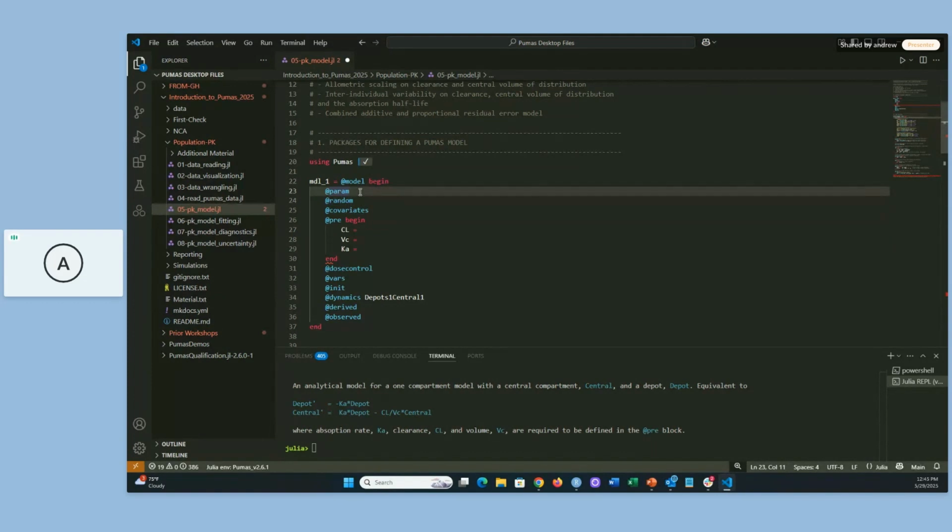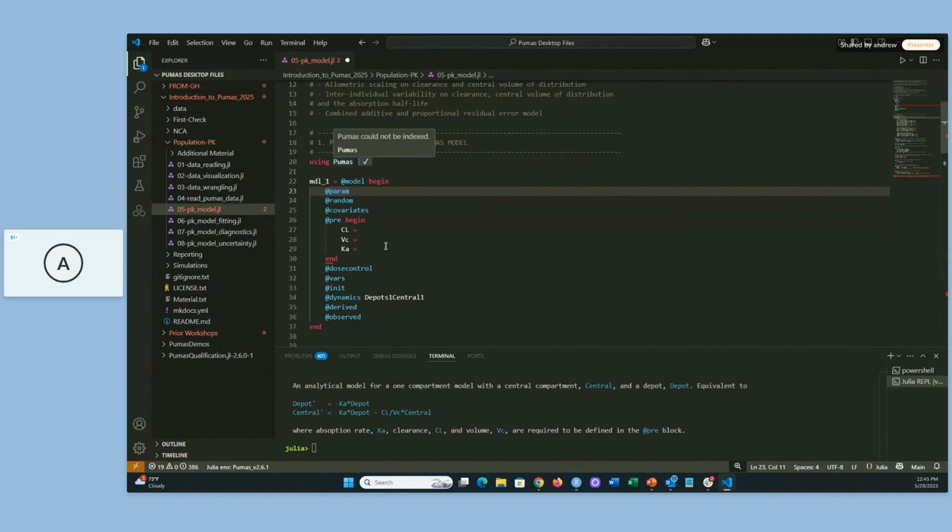Does anybody remember what the param block is for? Covariates, true. So covariate effects will be another thing. And what's the last? Starts with an F. So our fixed effects.